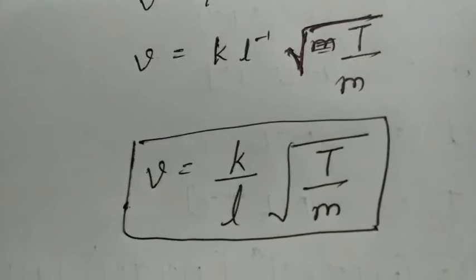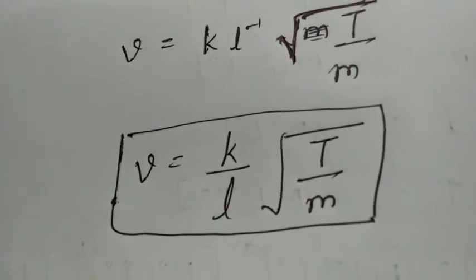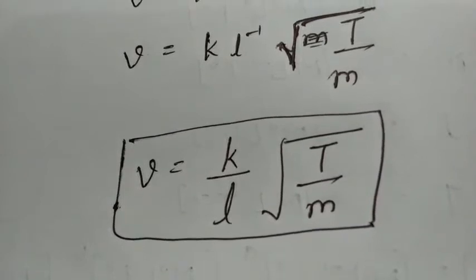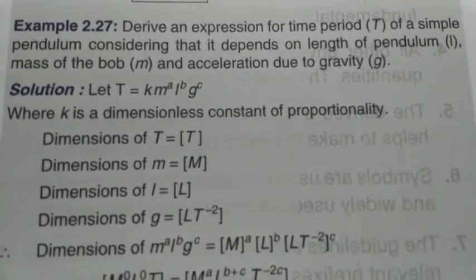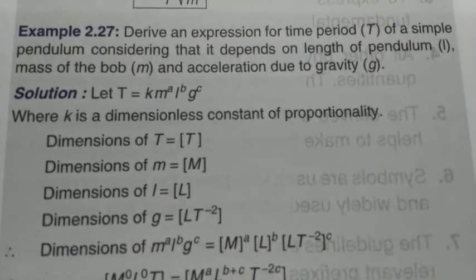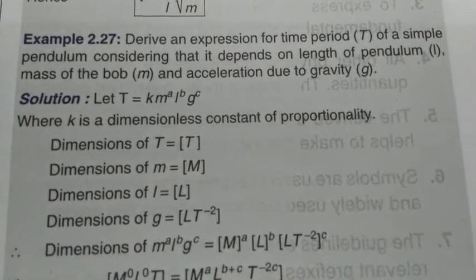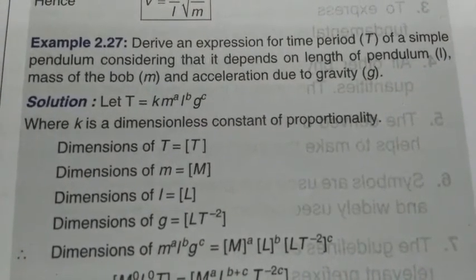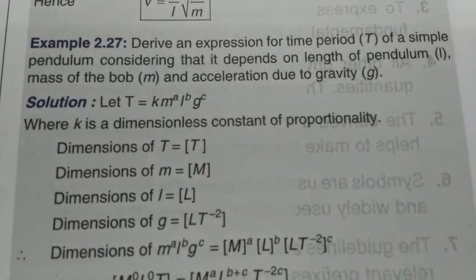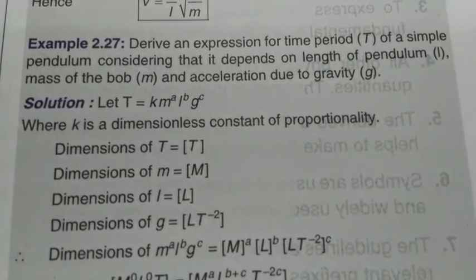So here you have seen that with the help of the dimensional formula, we can find out the relation between various physical quantities. This is another example shown here. You can pause the video and note it in your notebook. In the solution, I have shown you the part till where the dimensional formulas of different physical quantities are shown.